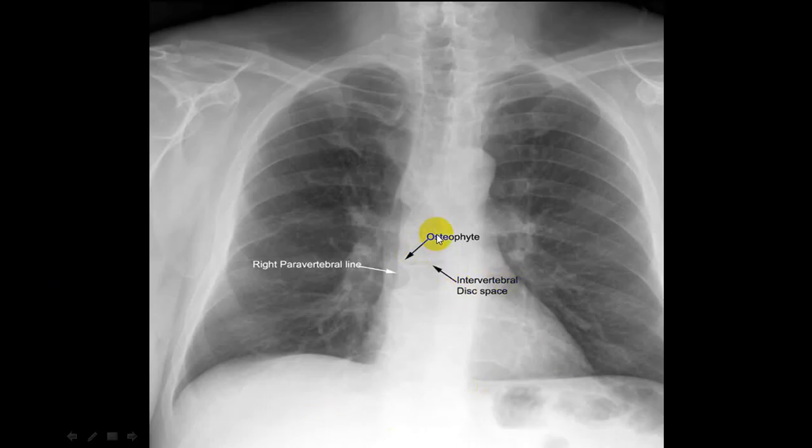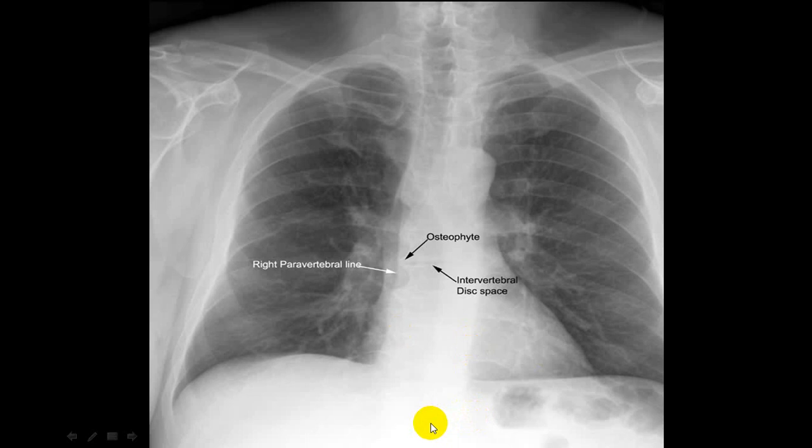Now, if a little penetrated view is there, you will see that this is a vertebral body, there's a little osteophyte, and this is an intervertebral disc space, and this is a paravertebral line on the right side. So you can sometimes see the vertebra through the cardiac shadow if a proper exposure is there. So you can sometimes identify some of the pathophysiology in an AP view, because you can see some part of the vertebra through the cardiac shadow.